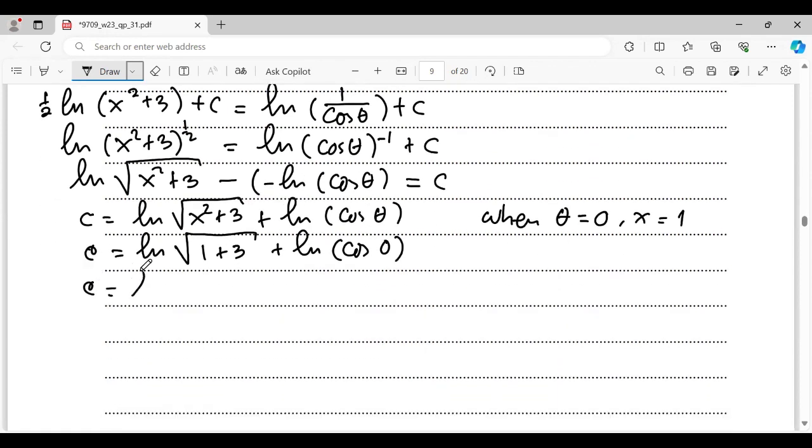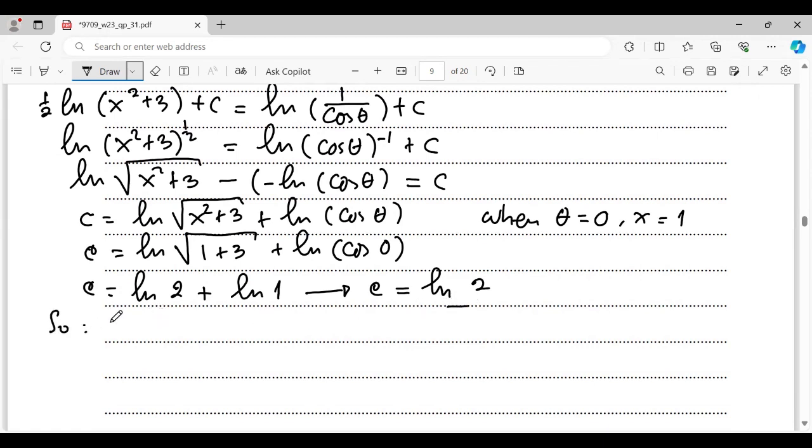So c equals ln square root 4, which is ln 2, plus ln 1, or c equals ln 2.